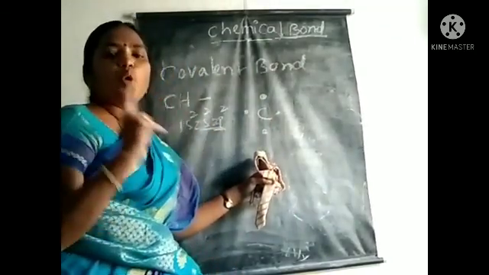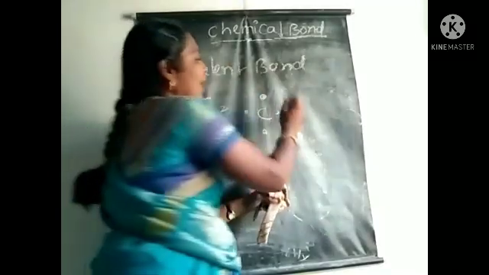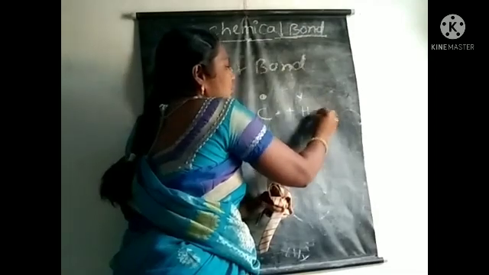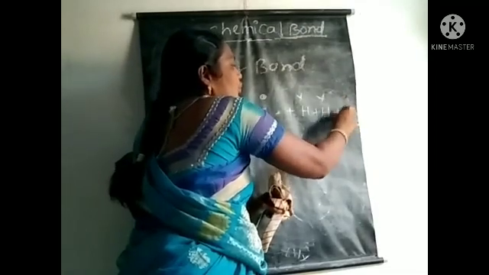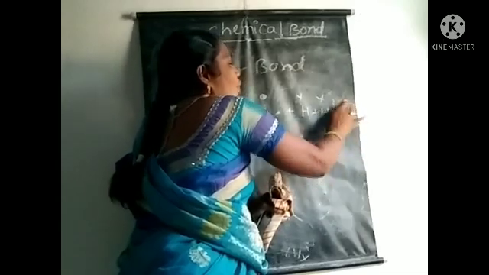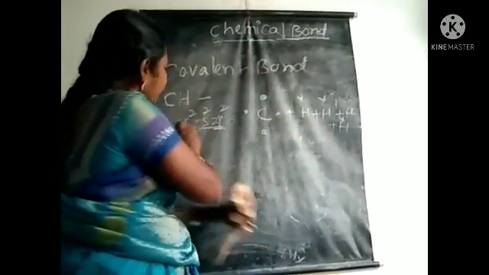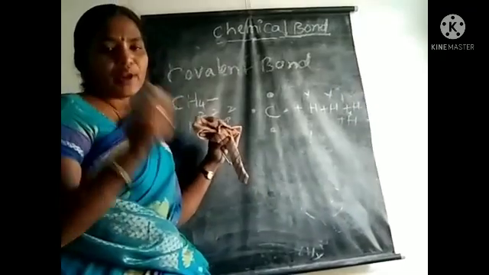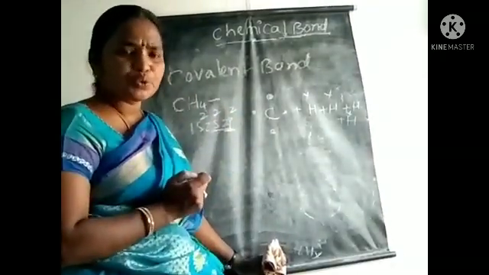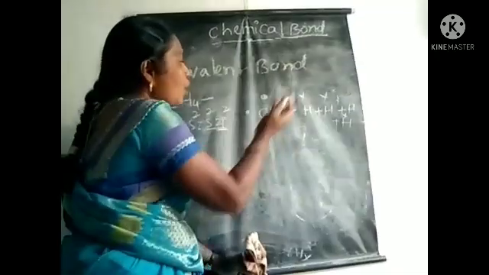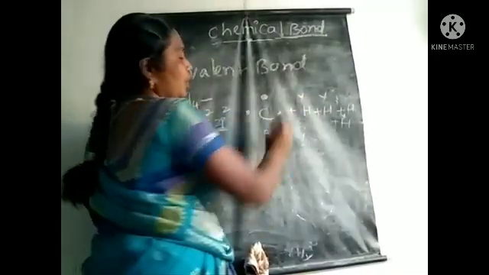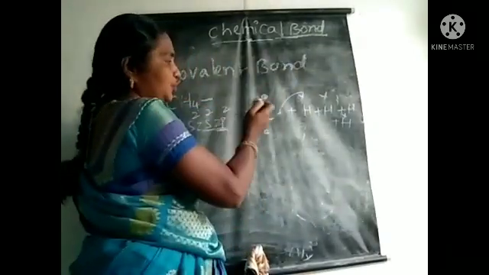Hydrogen's atomic number is 1. It contains only one electron. Hydrogen 1, 2, 3, 4: 4 hydrogen atoms containing 4 electrons, one from each hydrogen. Here, sharing of electrons takes place in CH4.